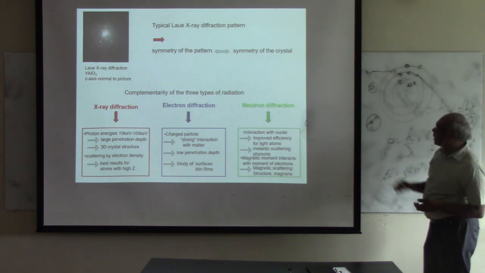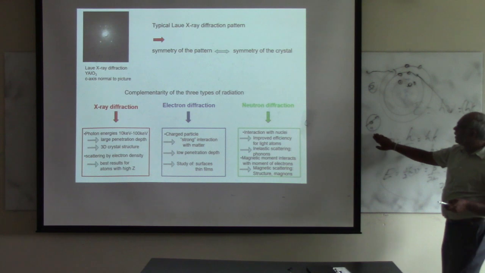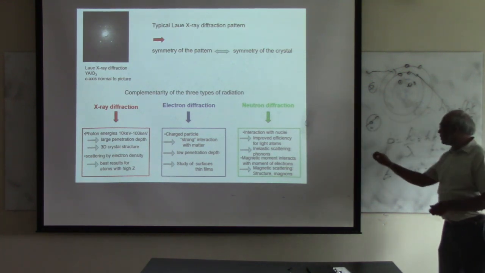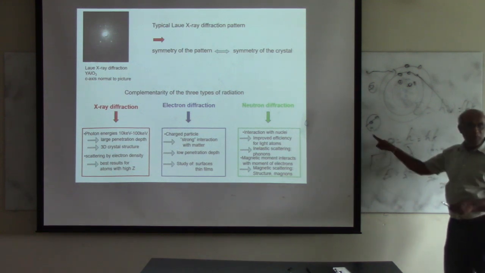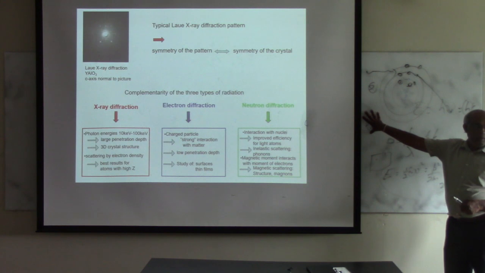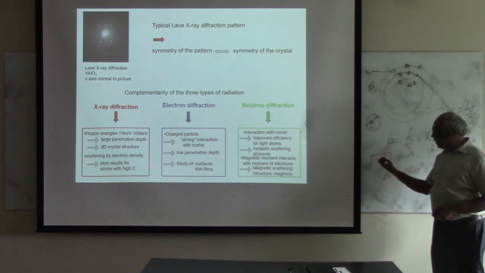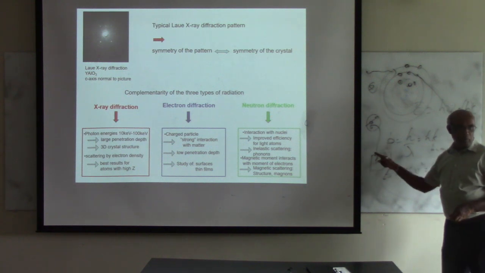Because of this magnetic moment, neutrons can be useful to study samples that have magnetic moments. They can interact with the neutron, right? That's why if you are working on magnetic materials, neutron is a very good probe to study the property, because the magnetic moments in your system have spins, up spins, down spins. They can easily interact with the neutron magnetic moment.